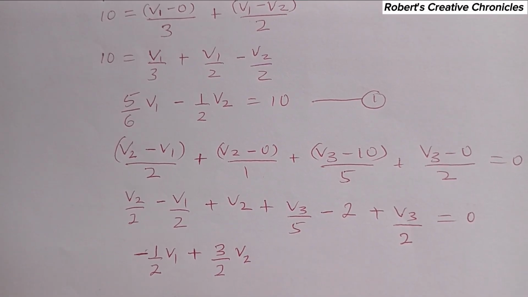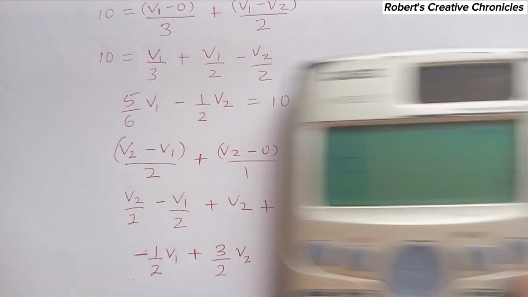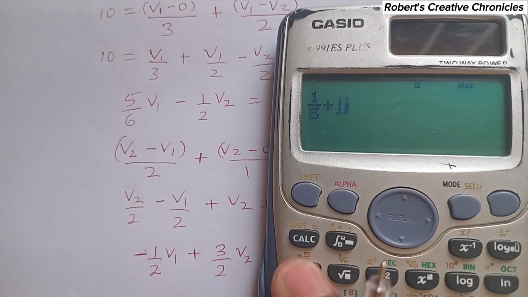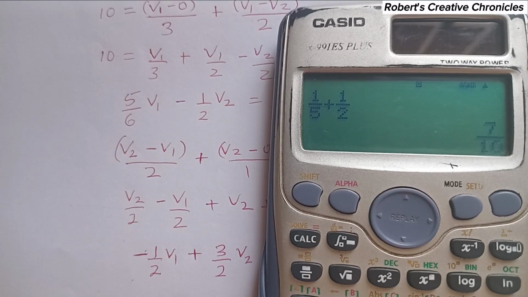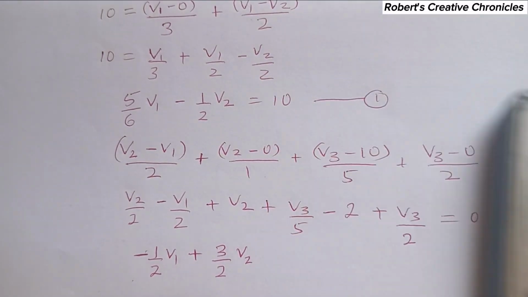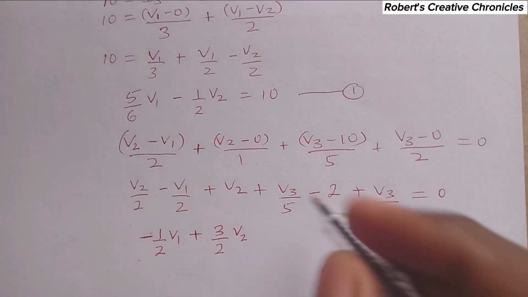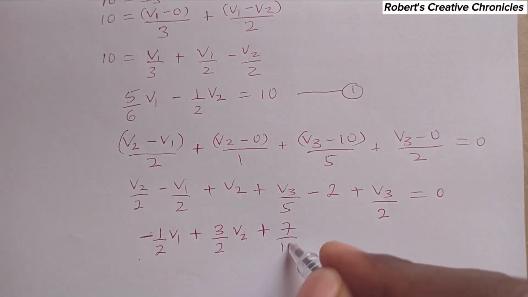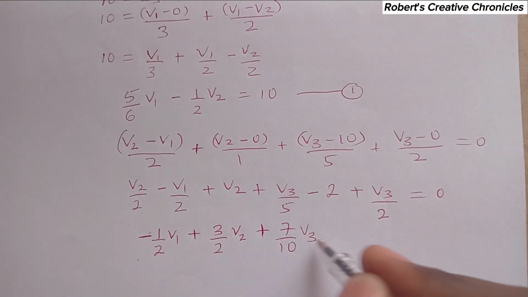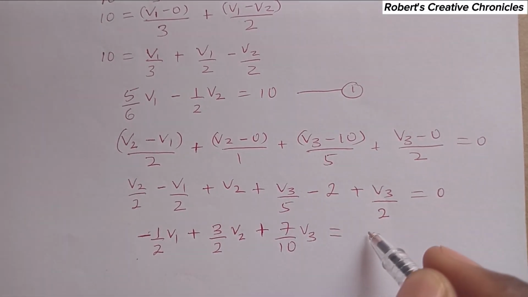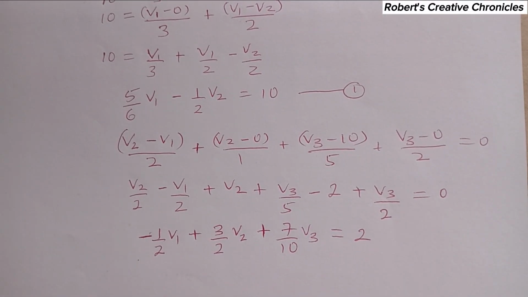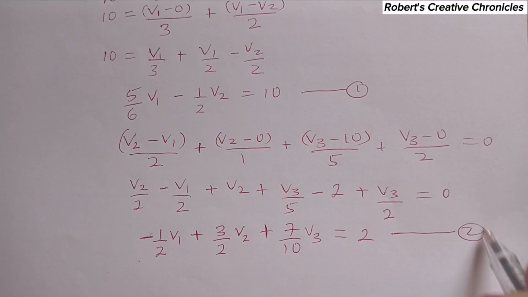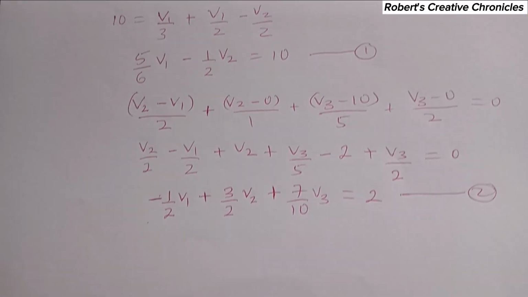Then V3 is 1 over 5 plus 1 over 2, which is 7 over 10, so plus 7 over 10 V3. Then this negative 2 will go to the other side and become 2. So this is our second equation, equation 2.